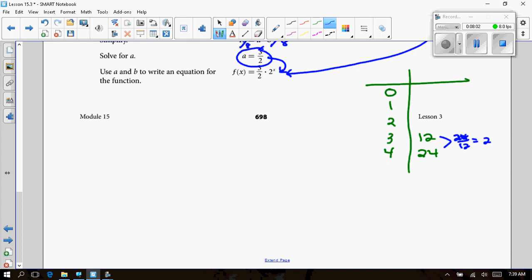And then you could just work backwards. 12 divided by 2 is 6. 6 divided by 2 is 3. 3 divided by 2 is 3 over 2. And that's how you could also find the A value. All right, and here's your B value. So you can work it backwards, but if this is way down the list, that's going to take a long time. The equation way is a lot easier, but it is a second way to do it.